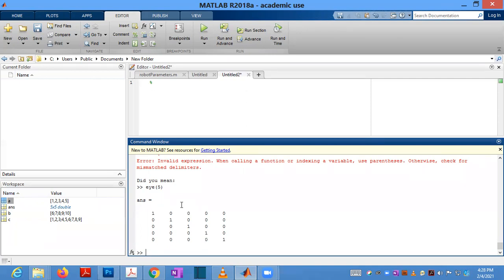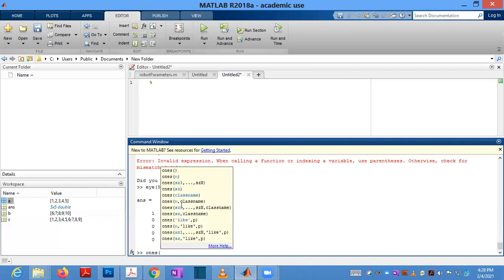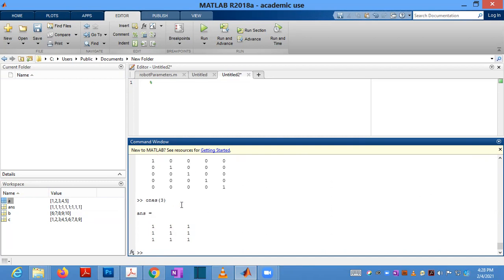And ones of 3 will create a matrix with all elements 1. You can create a zeros matrix and other things as well.